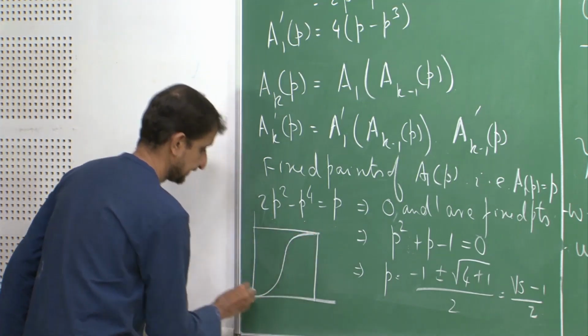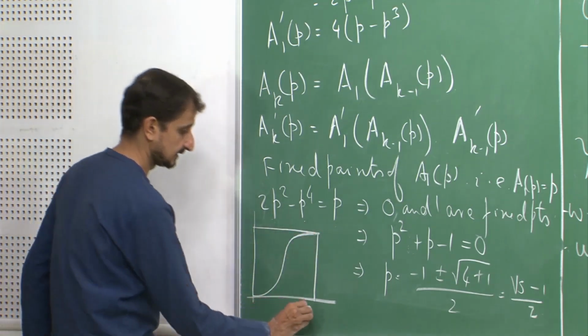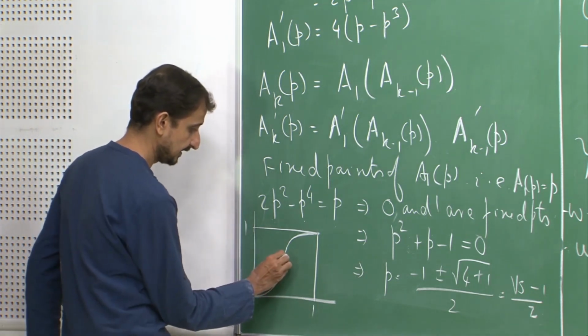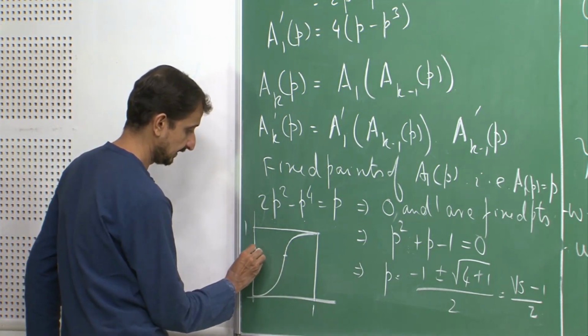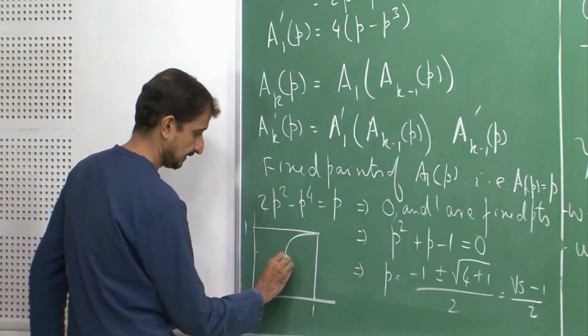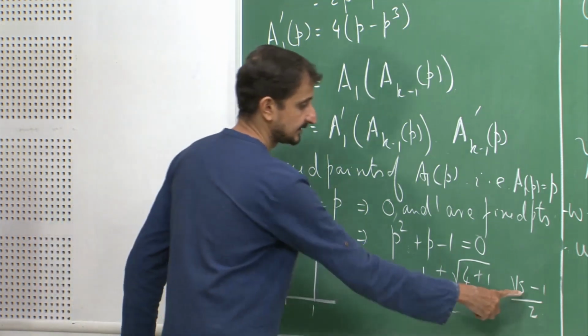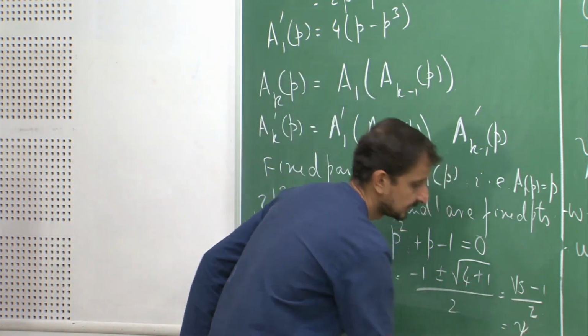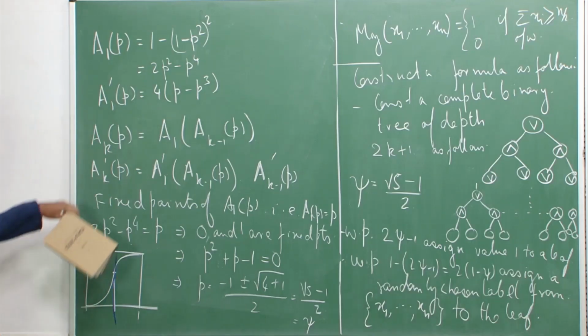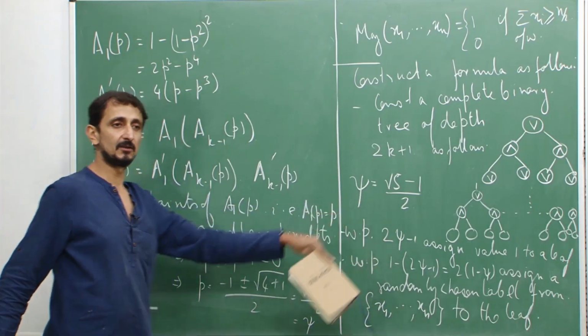So, this is a fixed point. At 0 I have a fixed point, at 1 I have a fixed point, and then somewhere in the middle, not in the middle, at this value, and now note that this is nothing but our psi. So, that is the reason why we had chosen this particular psi over here.